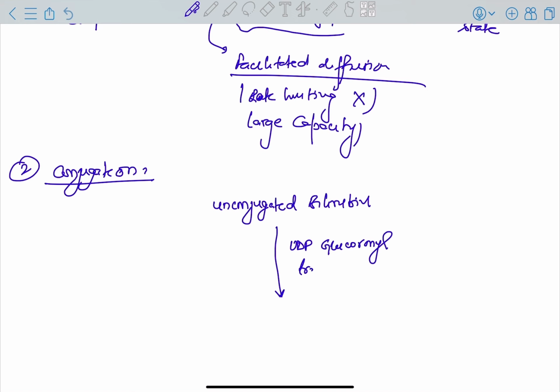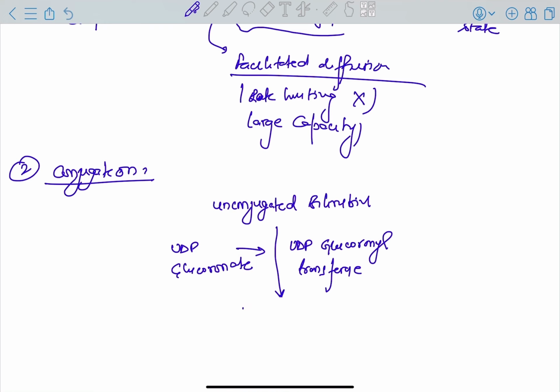Glucuronide transferase. UDP glucuronide transferase, इस पे लगेगा UDP glucuronate.